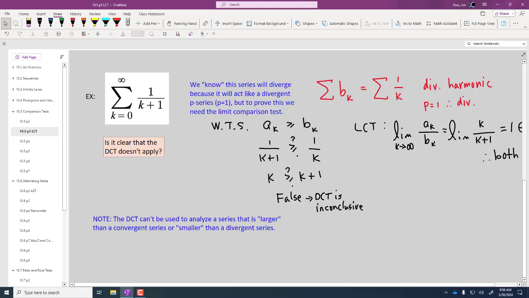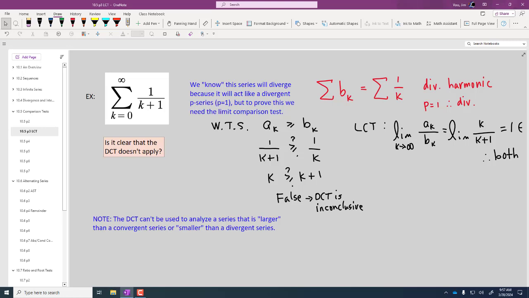Now you may say, why don't we just use the limit comparison test all the time if it seems to work when the DCT doesn't? The answer is there are actually some series for which the limit comparison test will be inconclusive, but the direct comparison test will be conclusive. There are examples of that.